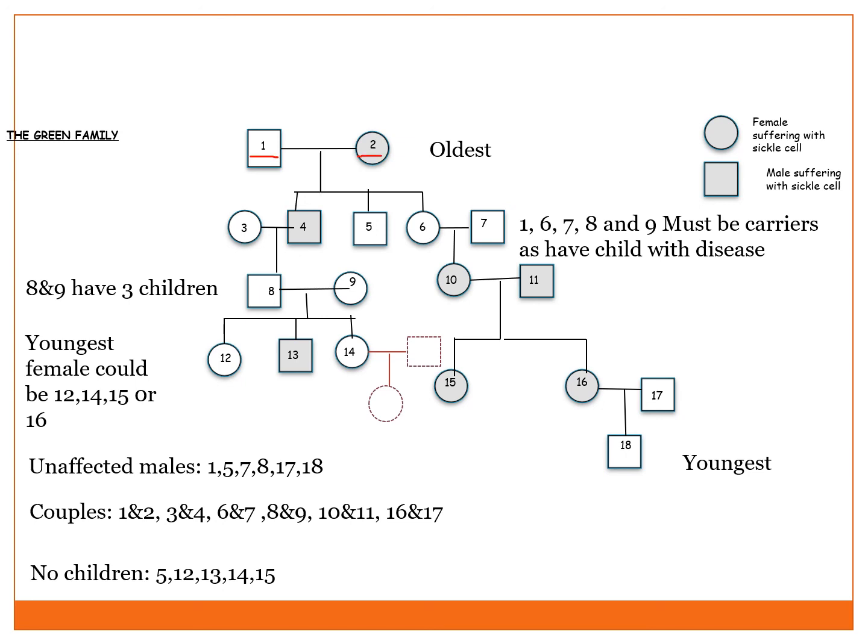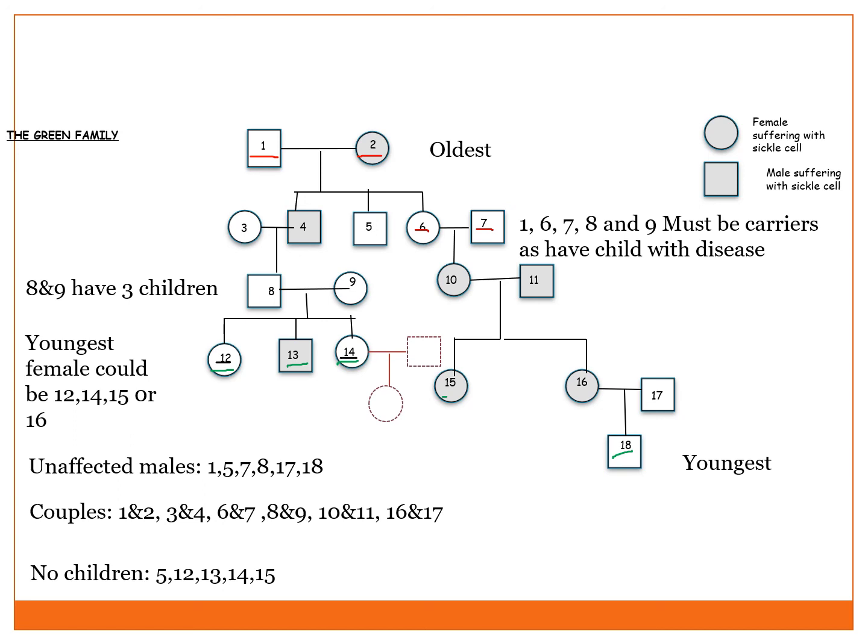The youngest are 18 or 12 or 13 or 14 or 15. 6 and 7 are carriers of the disease, because they don't have the disease, but their child does have the disease.